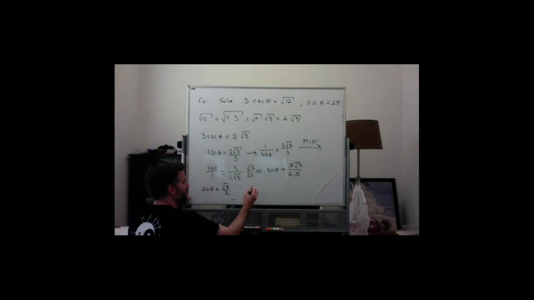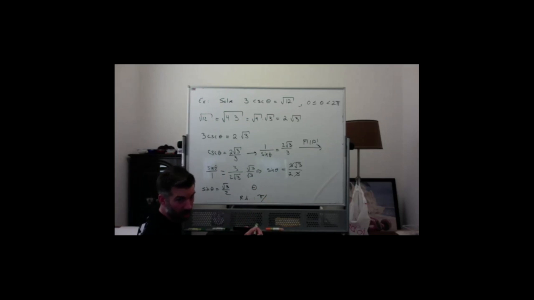So then, what's the reference angle? Is it pi over 3 or is it pi over 6? Nobody wants to tell me the reference angle? Pi over 6. You're so close.